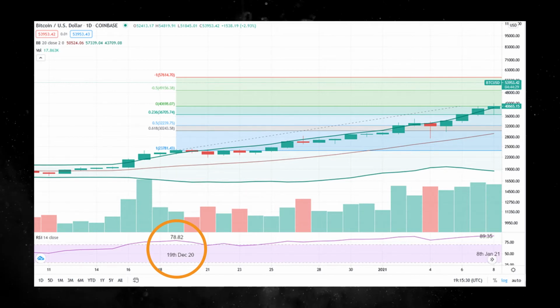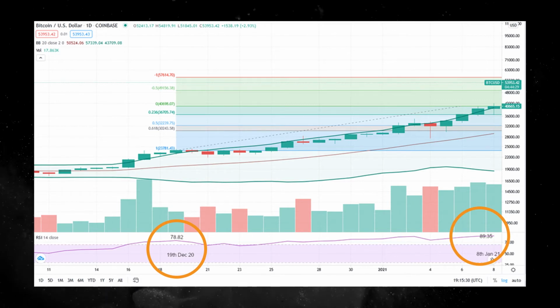And if you remember earlier, we said anything over 70 is potentially considered overbought. As you can see, the RSI was sustaining highs. It was very high, and it managed to get to 89.35 on the 8th of Jan. Okay, so that's considered very high indeed. So that's the RSI on there that you can see.